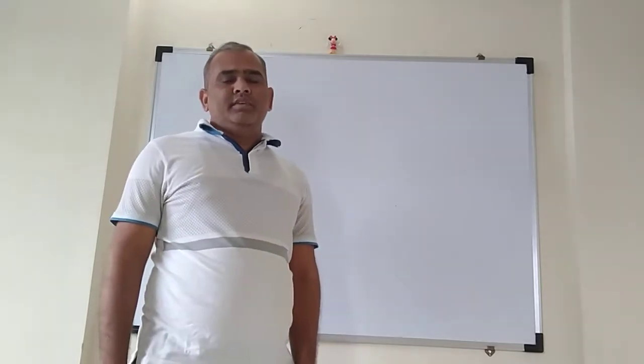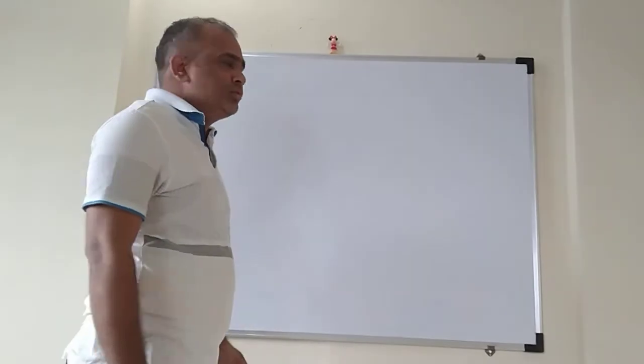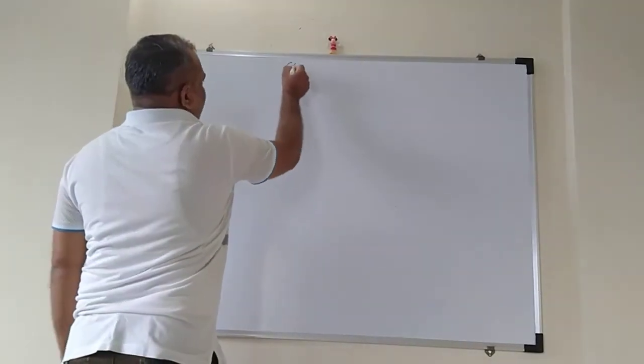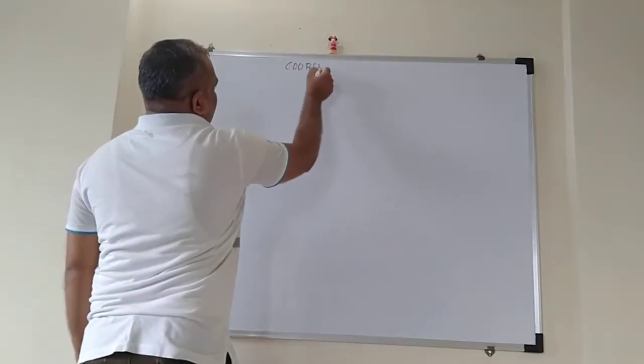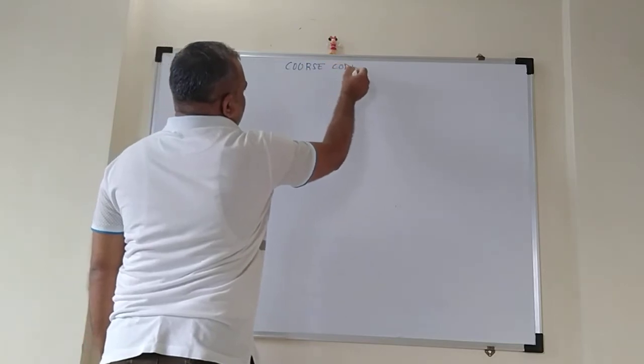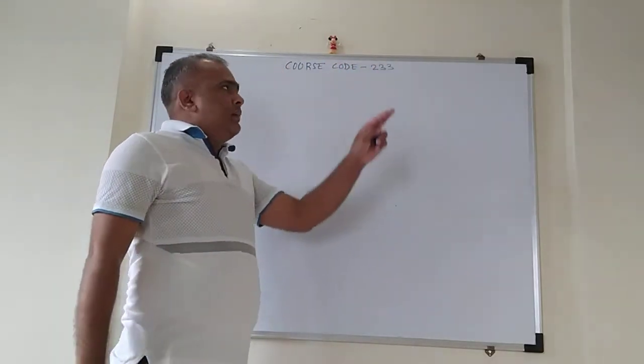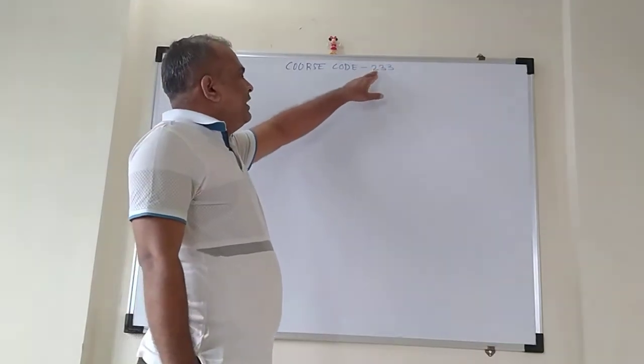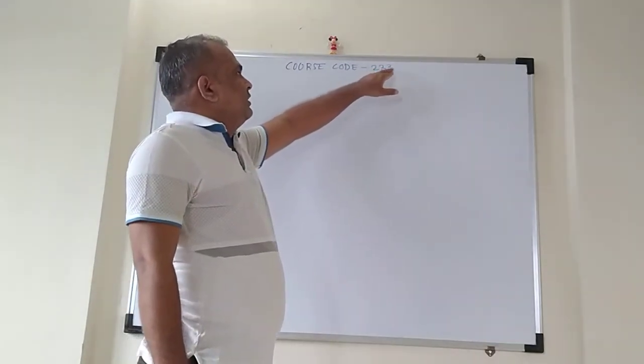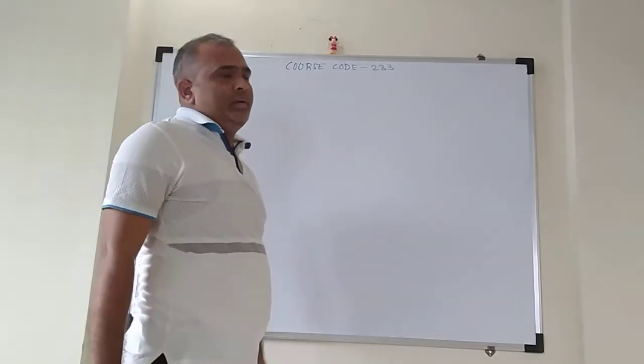And in this semester, I'm going to teach you the course called Experimental Techniques in Physics, and the course code is 233 of second year, third semester, third paper.